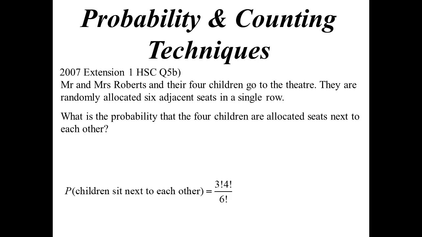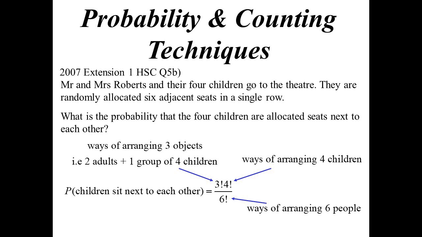Let's see. Well, it's a probability question, so the first thing I want to work out is the total number of arrangements, no restrictions. And so, sure enough, that's a permutation, isn't it? Because the bottom of the fraction is how many ways can we arrange the 6 people? 6 factorial. So on the top, how many ways can we arrange the 4 children and Mr. and Mrs. Roberts?